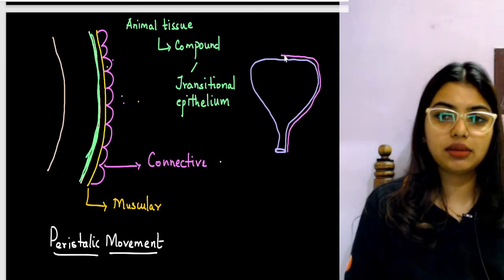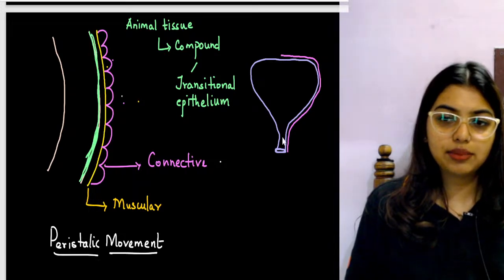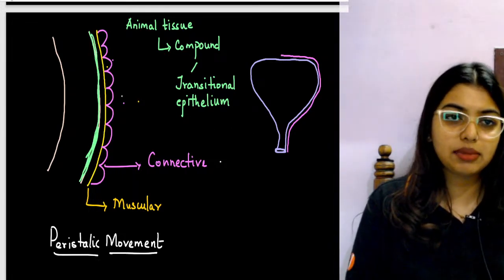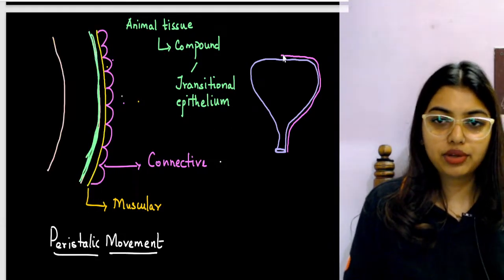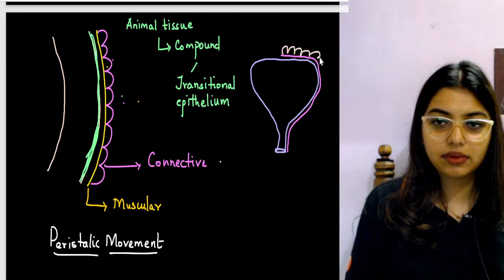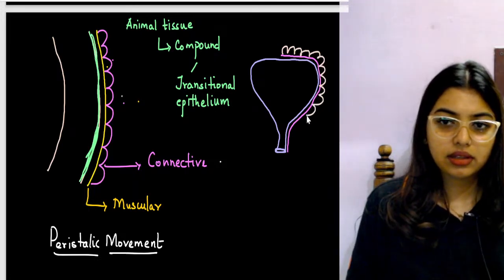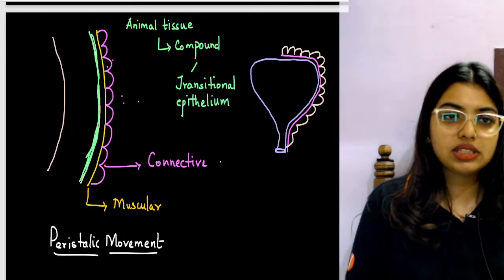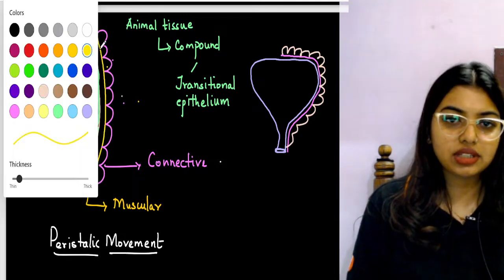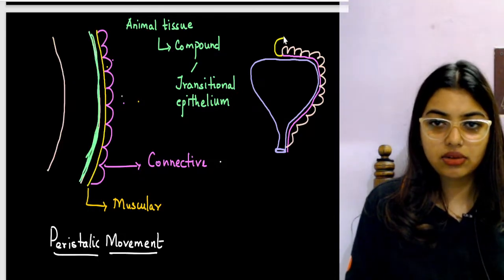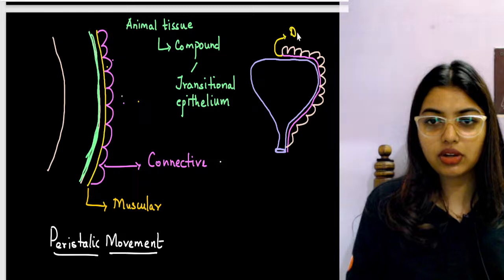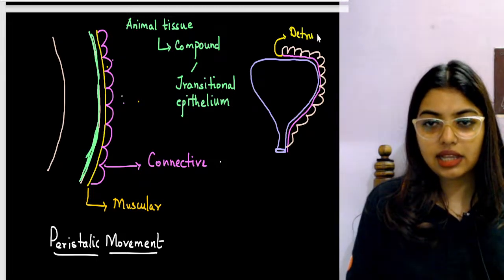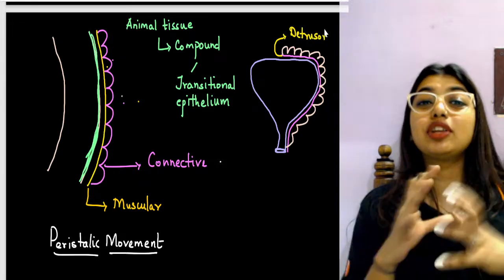Okay, this is the muscle. Let's say blue is the transitional epithelium, pink is the muscular layer, and above that we have the connective layer. Now, students, the catch here is that the muscular one is going to be called the detrusor muscle. It's a type of muscle that is going to help in the contraction.